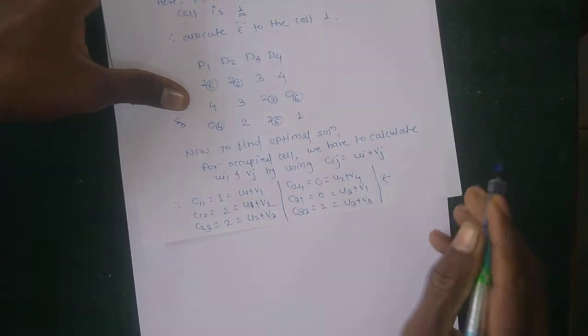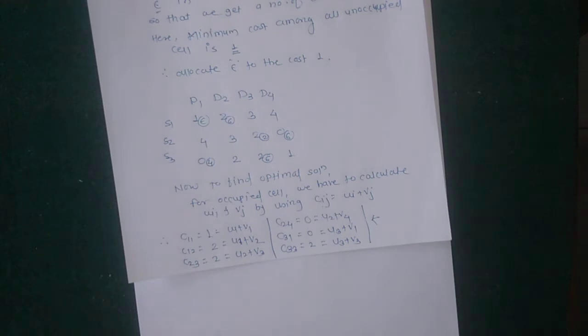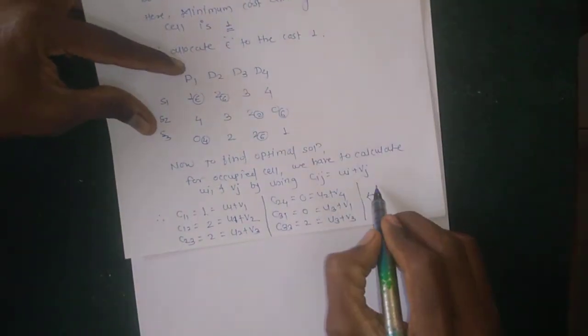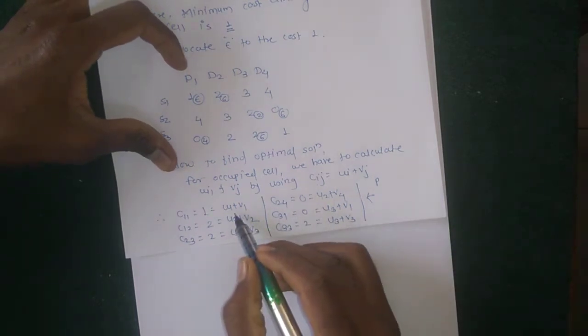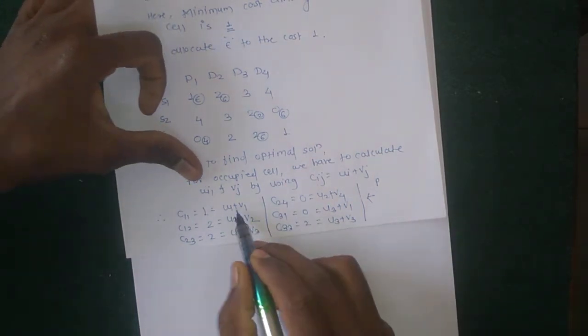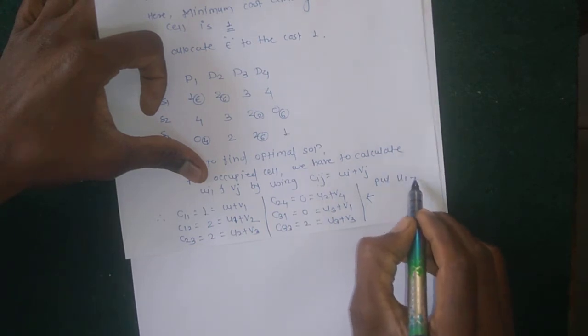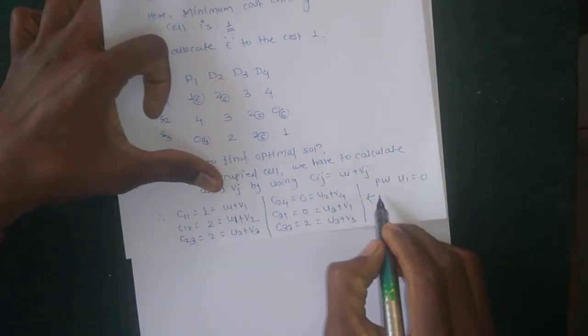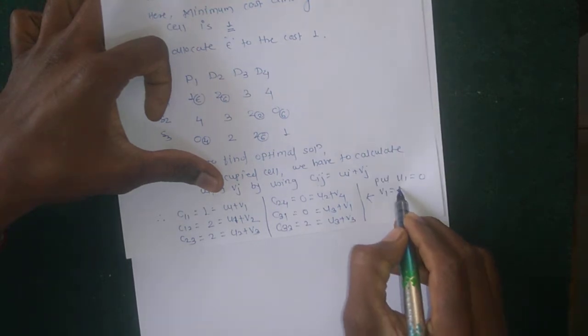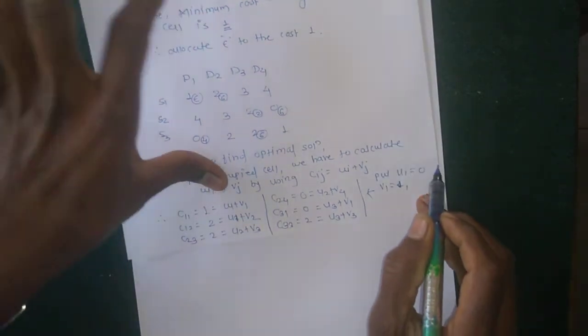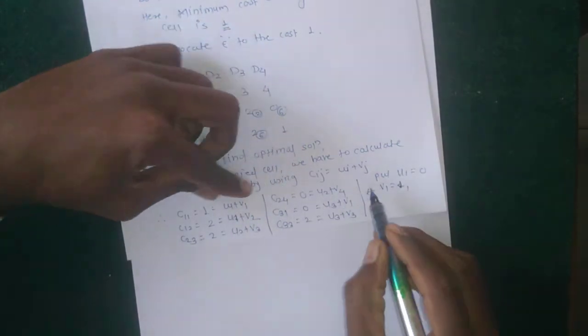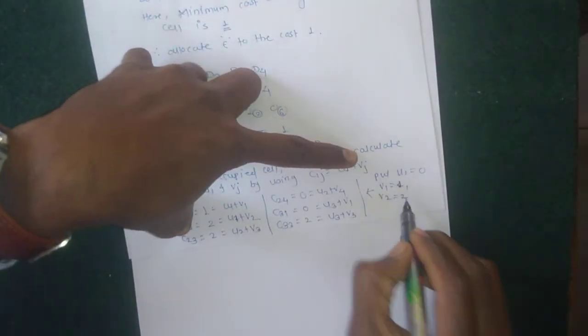Okay, so here in each column the number of allocations is the same, 2 2 2. Put any one of these as 0, and then find the other values. If we put u1 equal to 0, then v1 is equal to 1, and v2 is equal to 2.